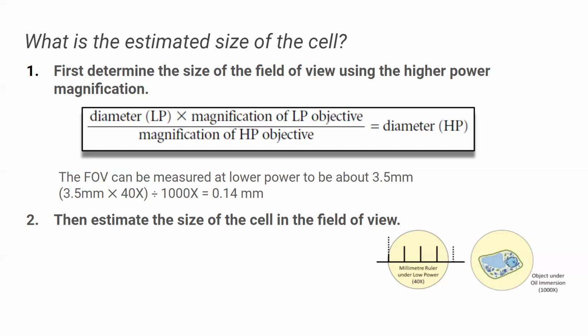Okay, so if we started with 2 decimal places, we're gonna do 2 decimal places. So 0.11. Okay, so 0.11 millimeters would be the size, the estimated size of our specimen. So that would be your answer for number 2.